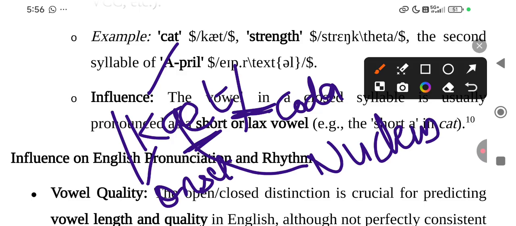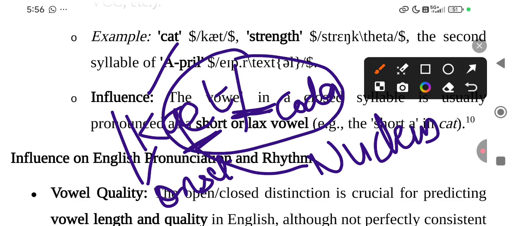So this syllable ends with a coda, which means after the vowel there is a wall, an obstacle, and an obstacle means a consonant. Or there is a lock. In cat, our tongue fixes to the roof of the mouth and T is produced, and that is why this is called a closed syllable.